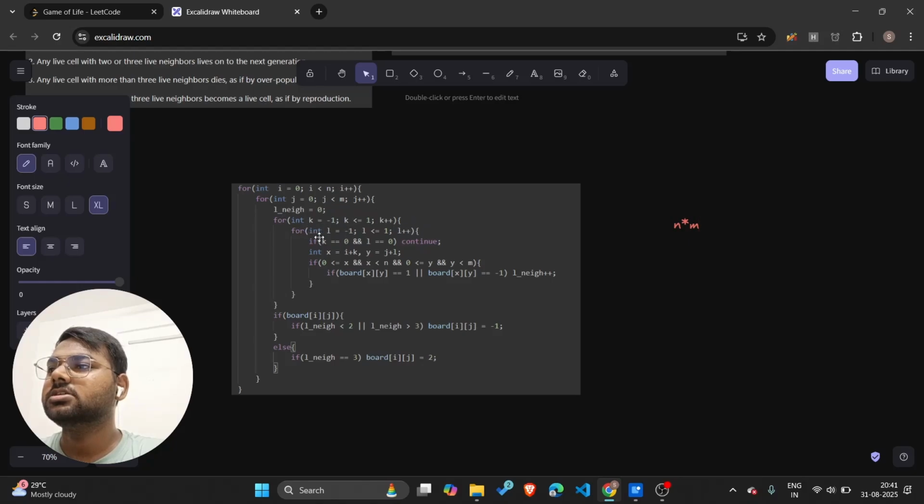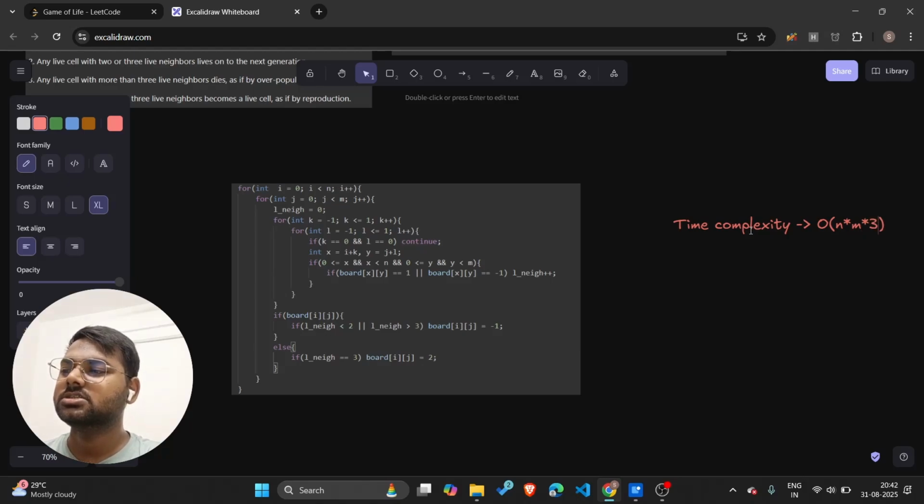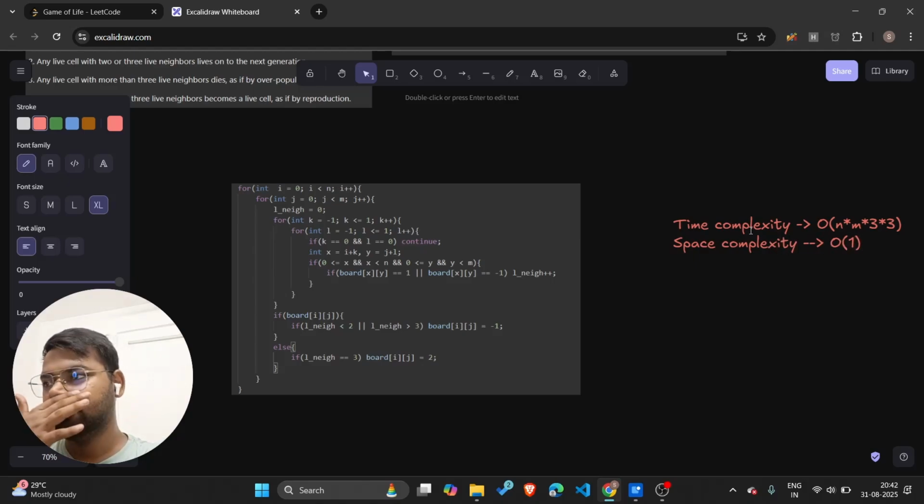We are also traversing the 3 by 3 neighborhood. So the time complexity is big O of n times n. If you want the exact time complexity, you can say it with the constant factor of 3 plus 3. And for the space complexity, we didn't use any extra space, so it's going to be O of 1 as we use the given matrix. You can say n cross m or whatever, but we did not use any extra space, so it's pretty much constant.